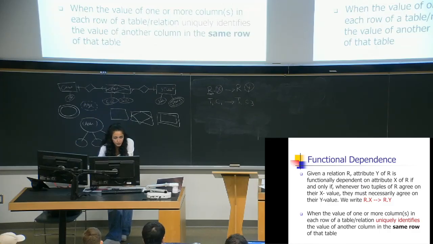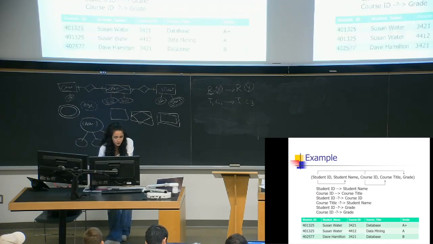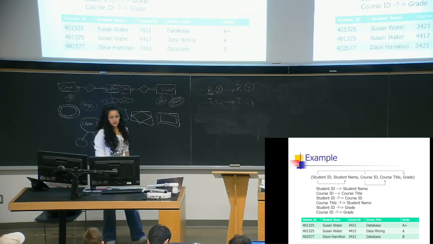When the value of one or more columns in each row of a table uniquely identifies the value of another column in the same row. So, for instance, look at this table. We have a student ID, a student name, course ID, course title, and grade, okay?